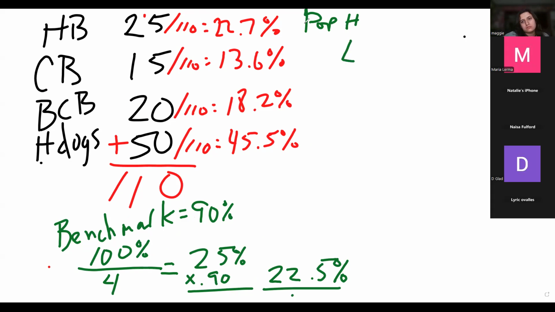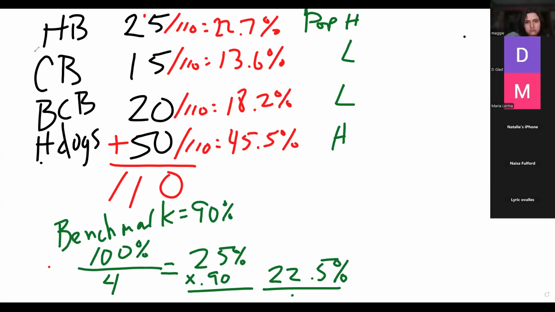Lower, 18.2, lower, and 45.5. Okay, so that's our popularity percentage so far. Questions, comments, concerns about how we got that? How we got the high, low for popularity? No, no. Based on 22.5, right? Exactly, that's our benchmark. Right. Okay. Now let's talk contribution margin.